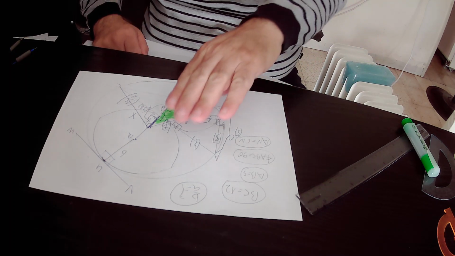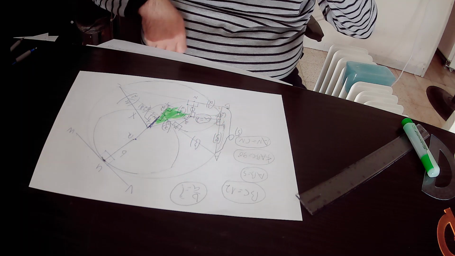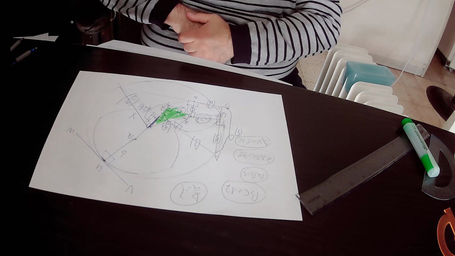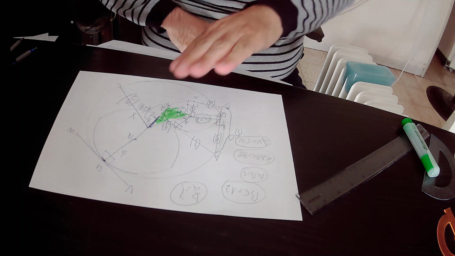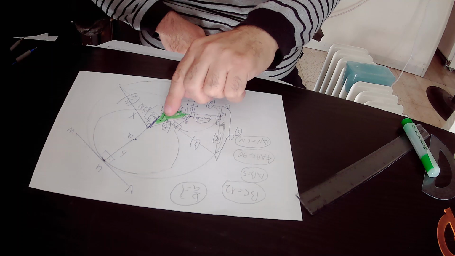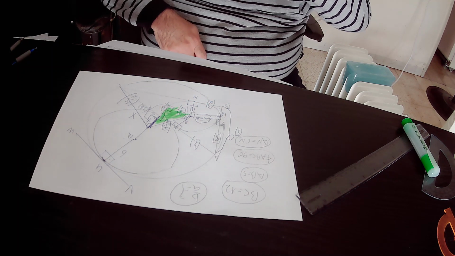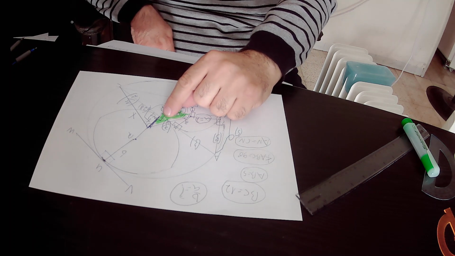So if we focus on this side of the straight line OT at point N, the sum of the angles must be equal to 180 degrees, according to the rule that the sum of the angles on one side of a straight line is equal to 180 degrees. Which angles do we have on this side of OT at point N? We have this angle that is equal to 90 degrees plus the missing angle. In total, it must be equal to 180 degrees according to the rule that I mentioned. Therefore, the missing angle must be equal to 90 degrees.